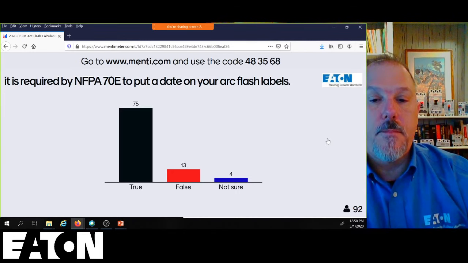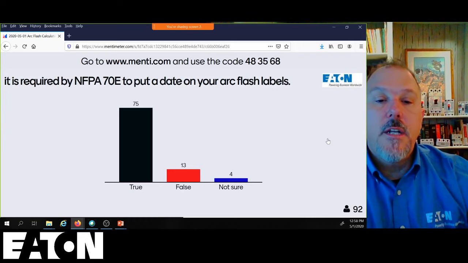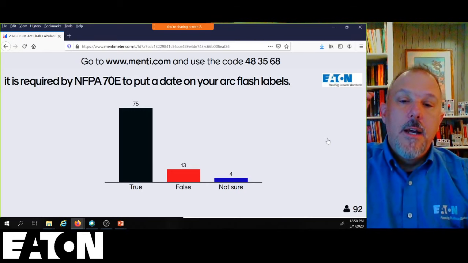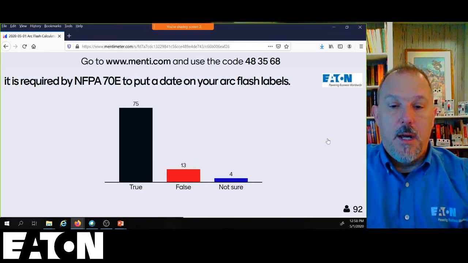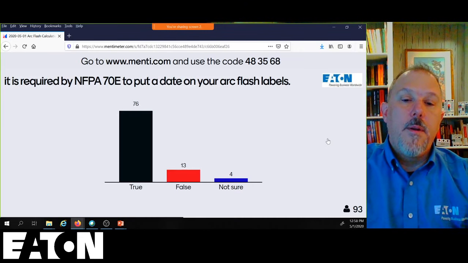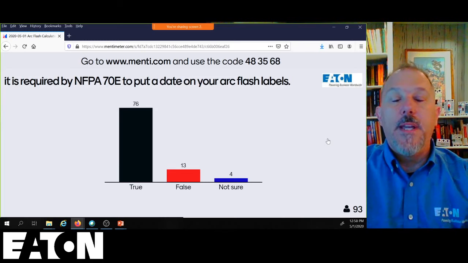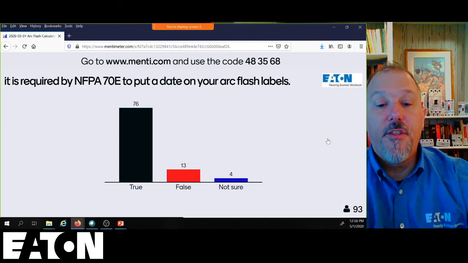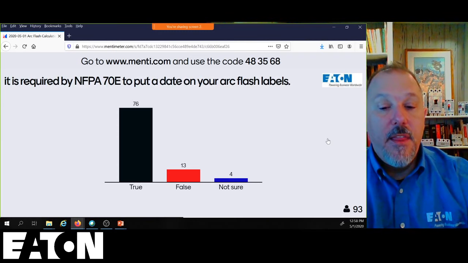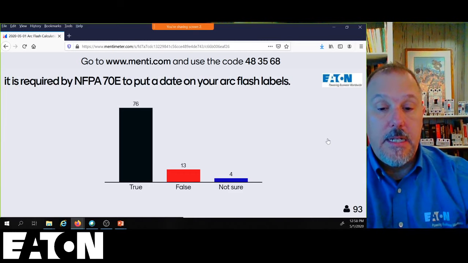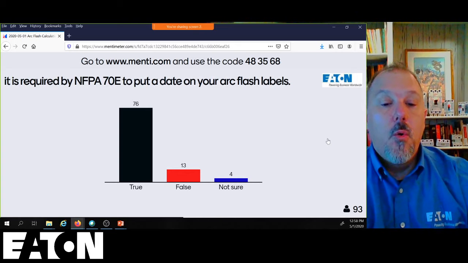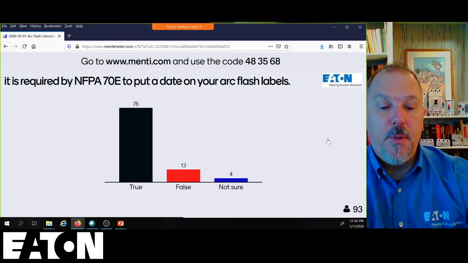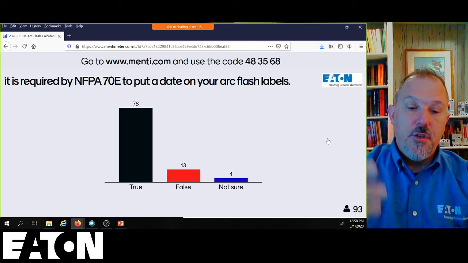It says electrical equipment such as switchboards, panelboards, industrial control panels, meter socket enclosures, and motor control centers, likely to require examination, shall be marked with a label containing all of the following information. 1, nominal system voltage. 2, arc flash boundary. 3, at least one of the following: A, the available incident energy and the corresponding working distance based on the tables, or B, minimum arc rating of clothing, or C, site-specific level of PPE. And then it gives you 2 exceptions.